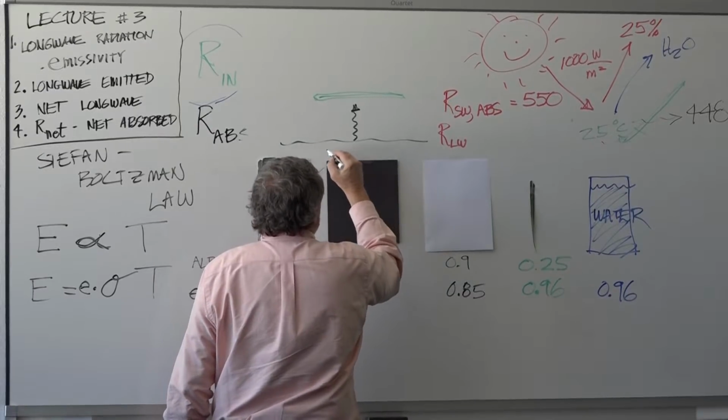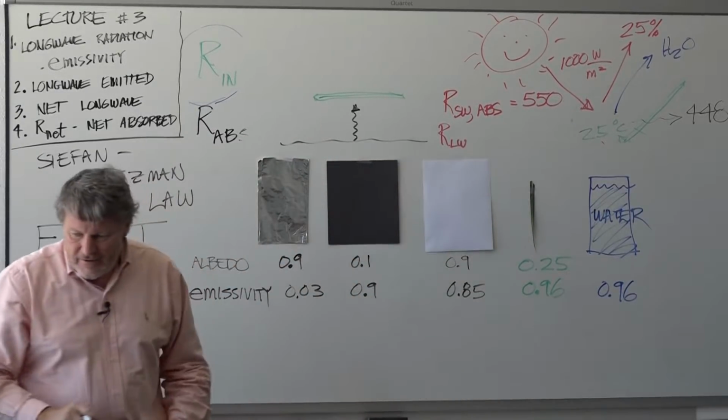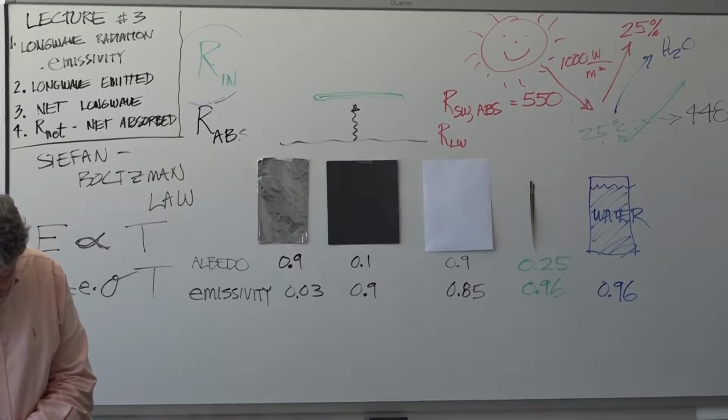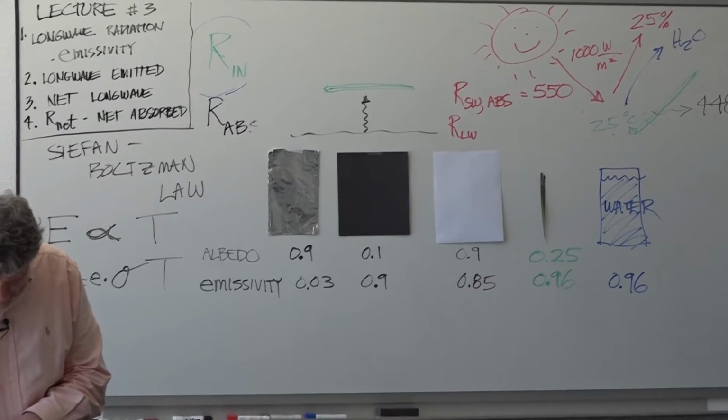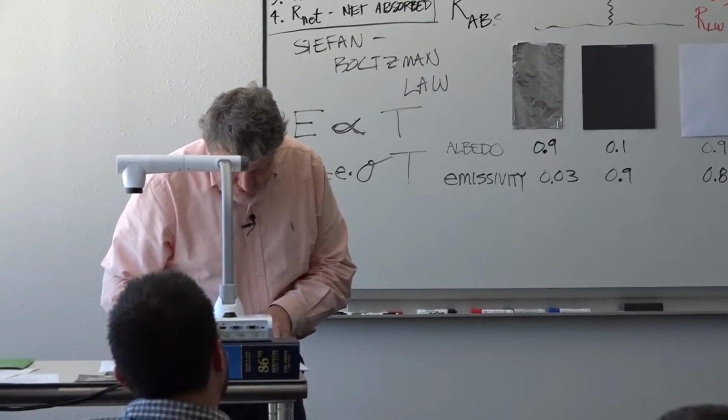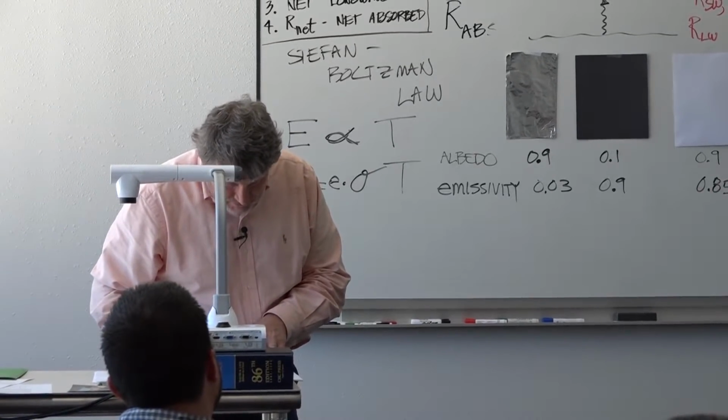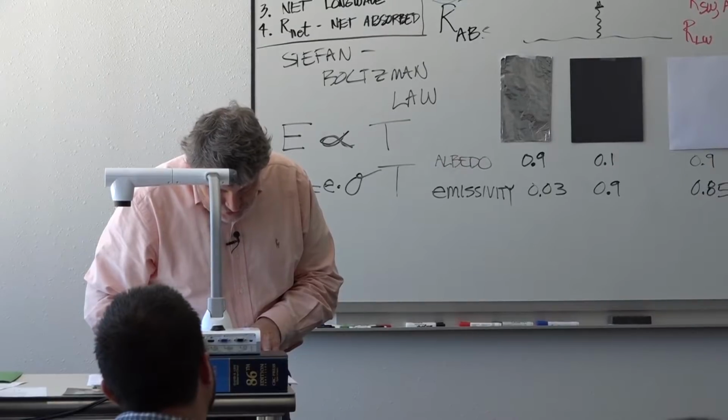So let's say the ground, now I have a handout that assimilates these, and I'm going to want to follow the same numbers. We have to assume a ground temperature. Measure it or assume it.